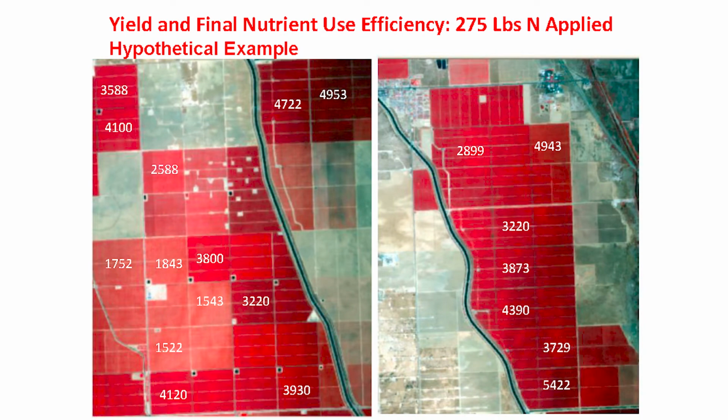Here's the last example I brought, and this is hypothetical, okay? So let's assume these are almond orchards, and these are the yields in pounds per acre. You can see this is a macro picture, so you can see different orchards, different plots, different units. Some of them are very high yielding, let's say 4,953 pounds, near 5,000 pounds.